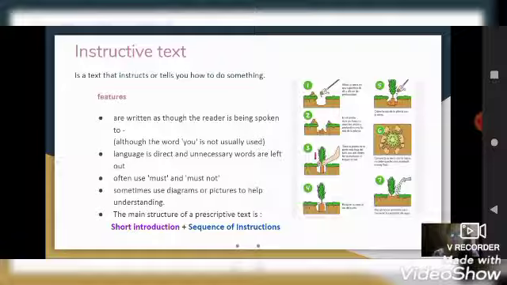For example, the short introduction in a cooking recipe to prepare apple pie is: this was my grandmother's recipe for cheesecake that I adapted to make apple pie. And a sequence of instructions example is: first, you have to mix the flour, sugar, milk, oil, and vanilla very well without lumps.